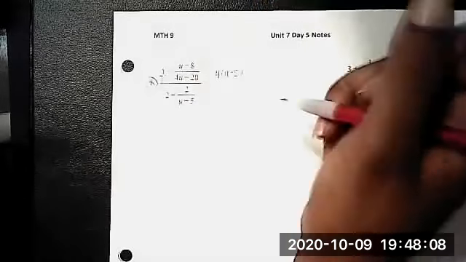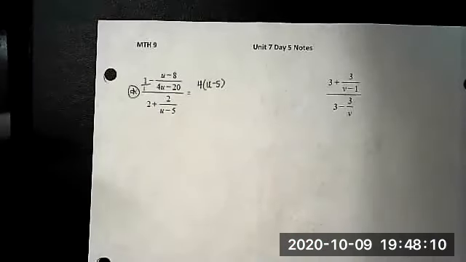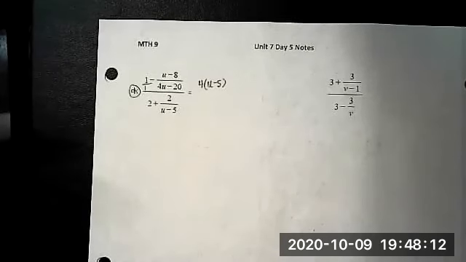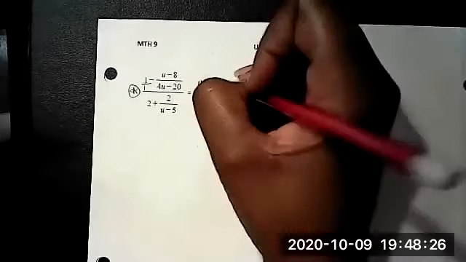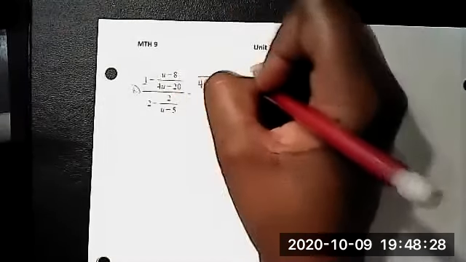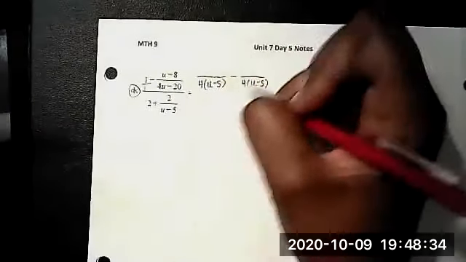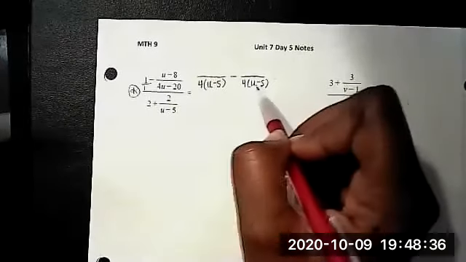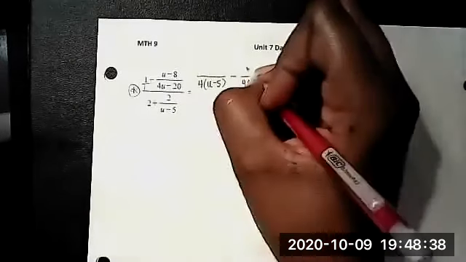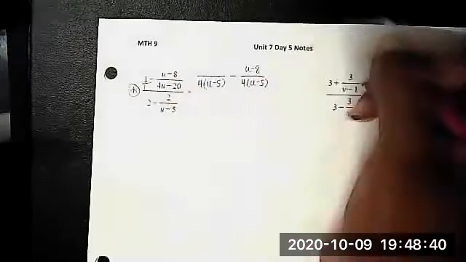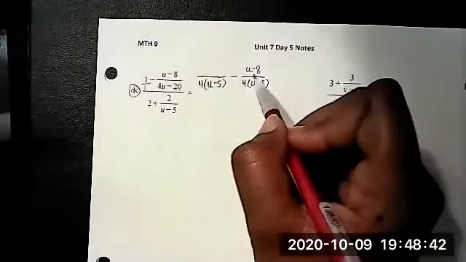I would make it like that. 4 and then u minus 5. Then mine, of course, that's the denominator. And then this one, of course, it's the same exact thing, 4 and then u minus 5. That's exactly the same thing. I just factored it. So this top part, u minus 8, doesn't change. It stays the same.